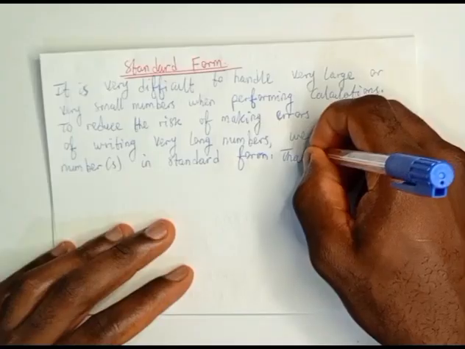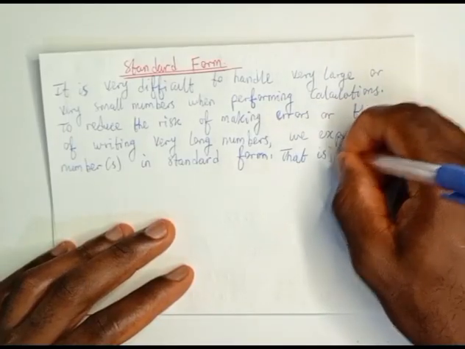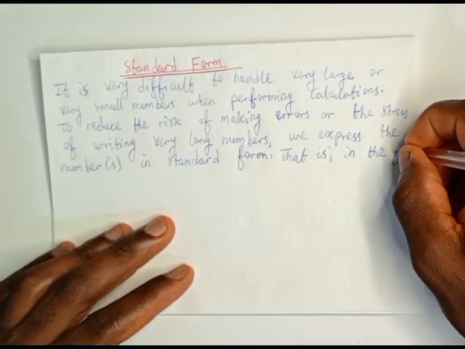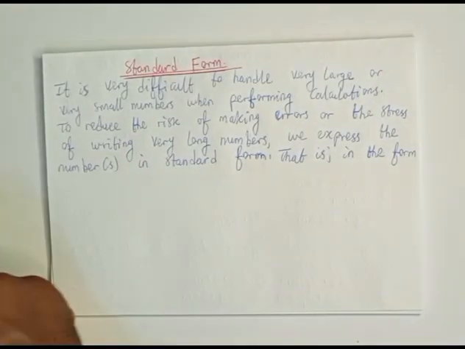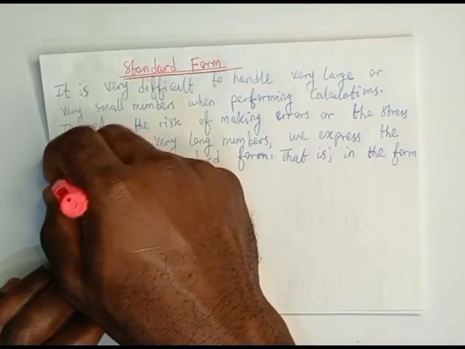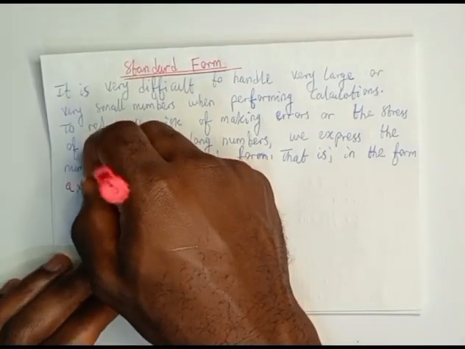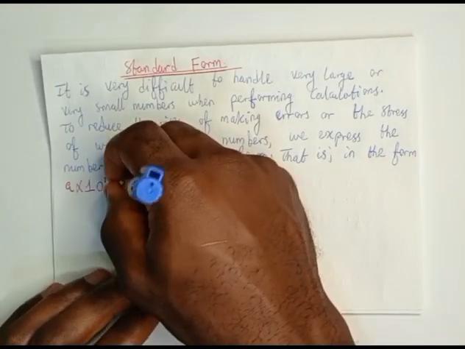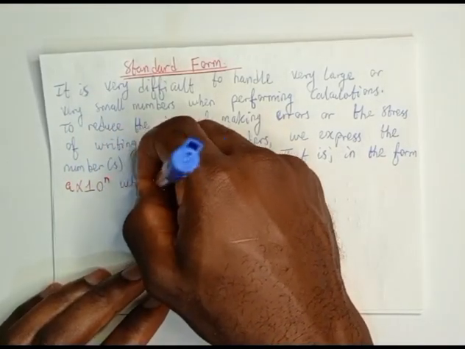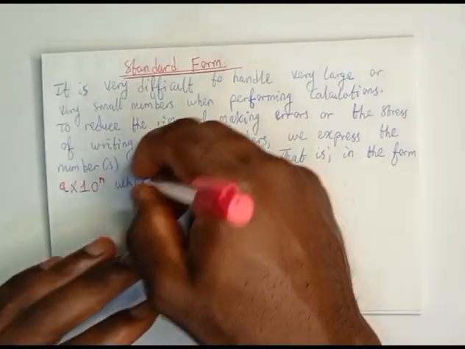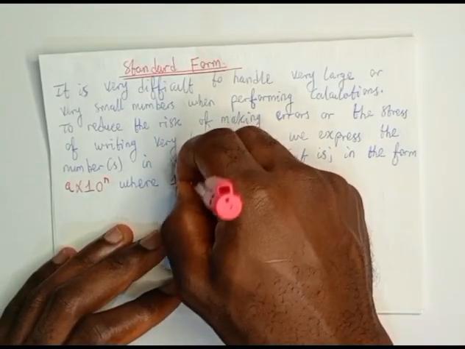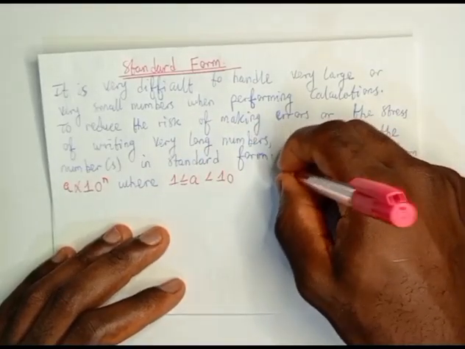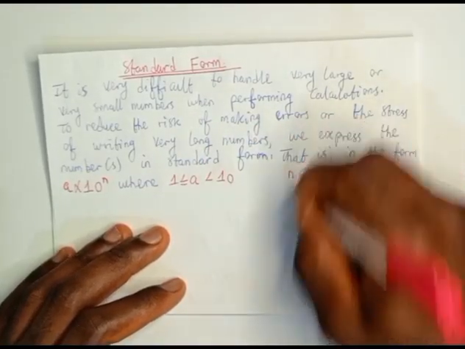That is, in the form a times 10 to the power n, where 1 is less than or equal to a, strictly less than 10, and n belongs to the set of integers.